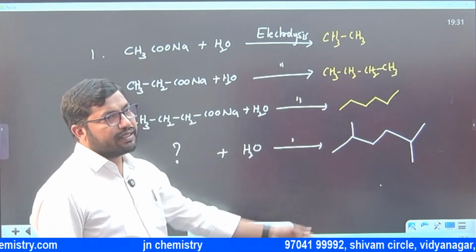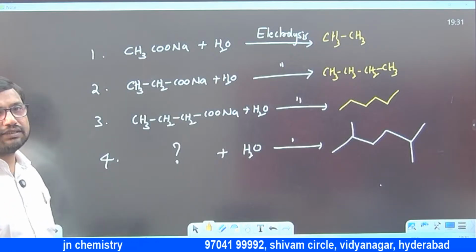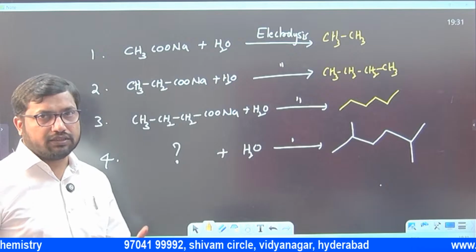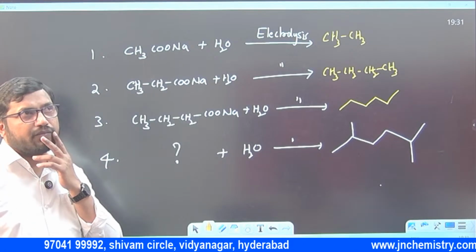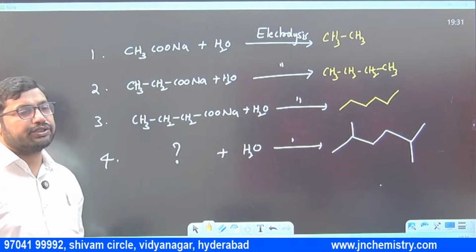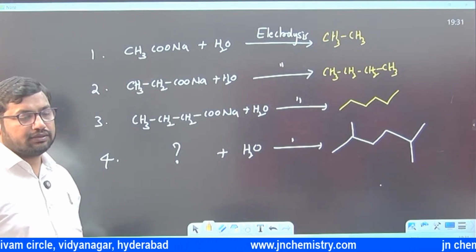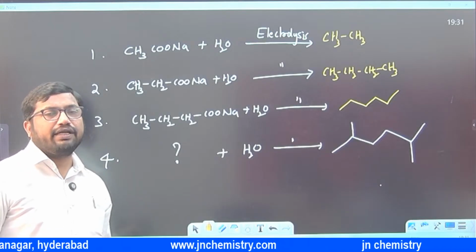Even number of alkanes generally we will get. Even number of alkanes means this reaction is useful for the preparation of symmetrical alkanes. Note it down. Kolbe electrolysis is useful for preparation of symmetrical alkanes or even number of alkanes.